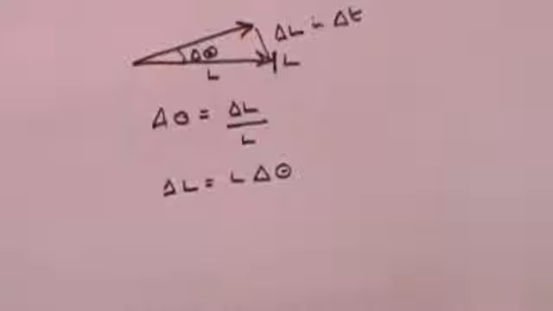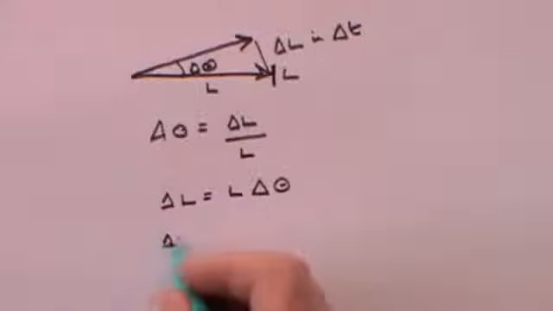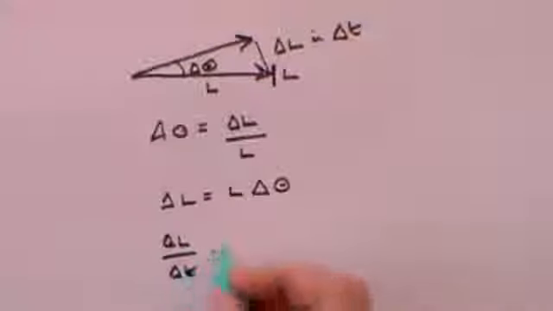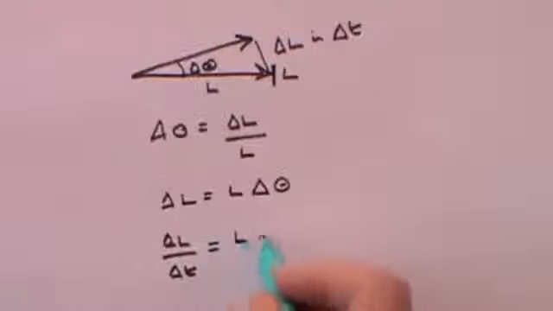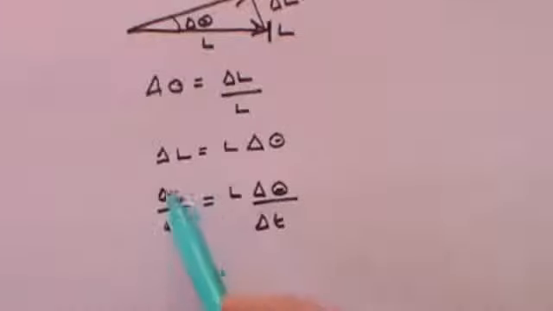Now if we look at how that changes with time, we know that all this happened in a time delta t. That means that delta L divided by delta t is equal to L times delta theta divided by delta t. Well, the rate of change of angular momentum with time is simply the torque.